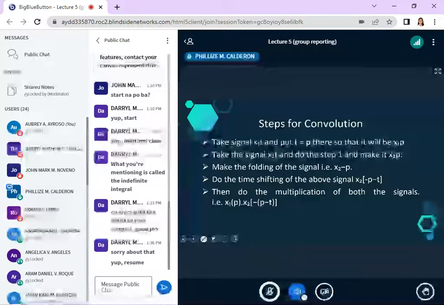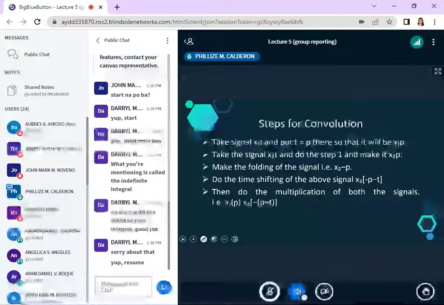Next. So, steps for convolution. Take signal x sub 1 t and put t equals p there so that it will be x sub 1 p. And next, take the signal x sub 2 t and do the step 1 and make it x sub 2 p.